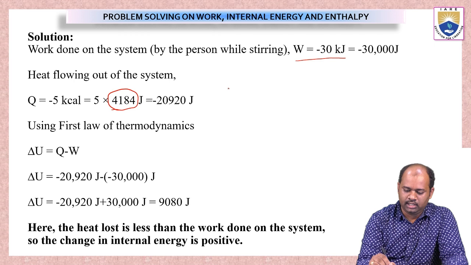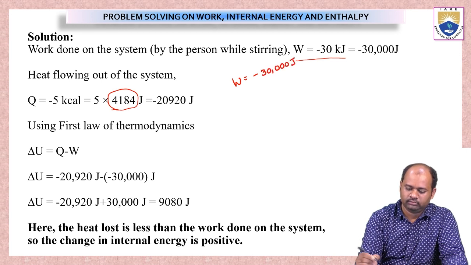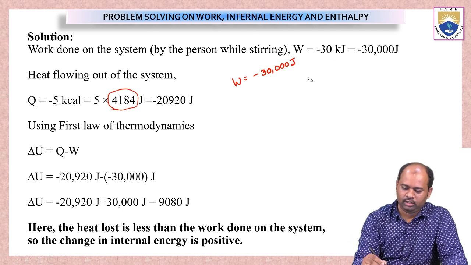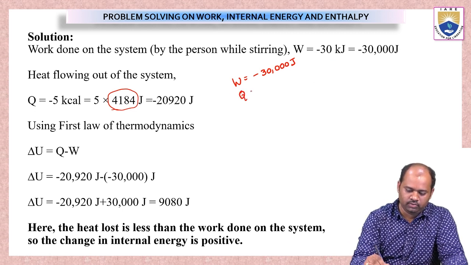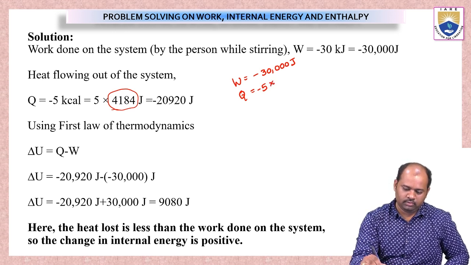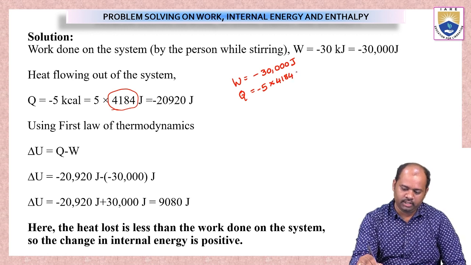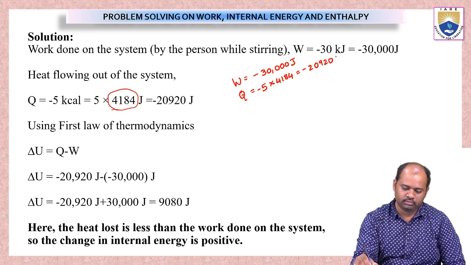Now see here. First of all, we have W, that is minus 30,000 joules, and Q is equal to 5 kilocalories. I am converting this by multiplying with 4184 and it will give the value minus 20920 joules.